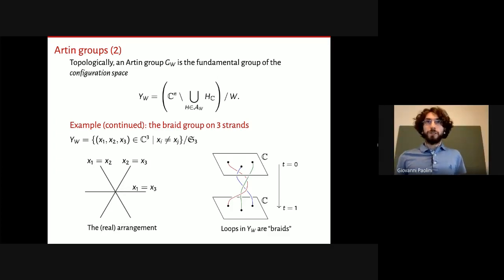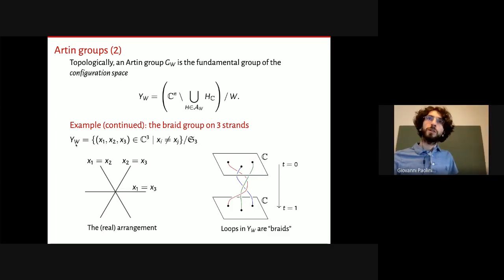Now, this space might seem strange and scary, so let's look at our favorite example down here, which is hopefully going to give some insight in this construction. In the case of sigma 3, our configuration space, how is it constructed?